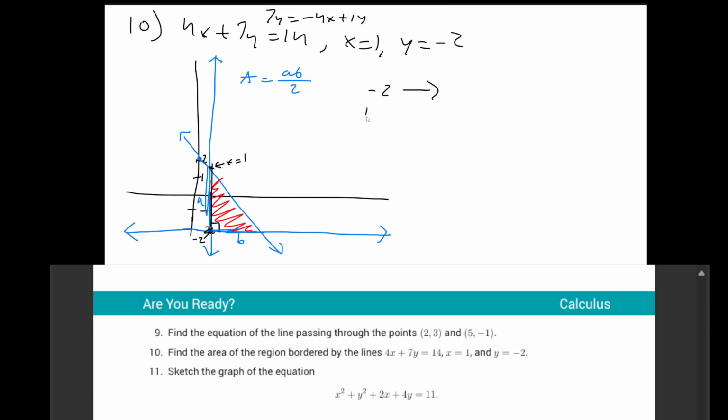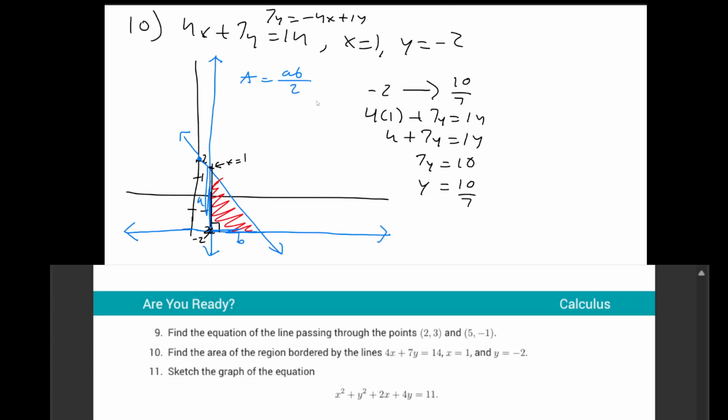We do 4 times 1 plus 7y equals 14, so 4 plus 7y equals 14, 7y equals 10, y equals 10 over 7. So really it's just the distance from negative 2 to 10 over 7.